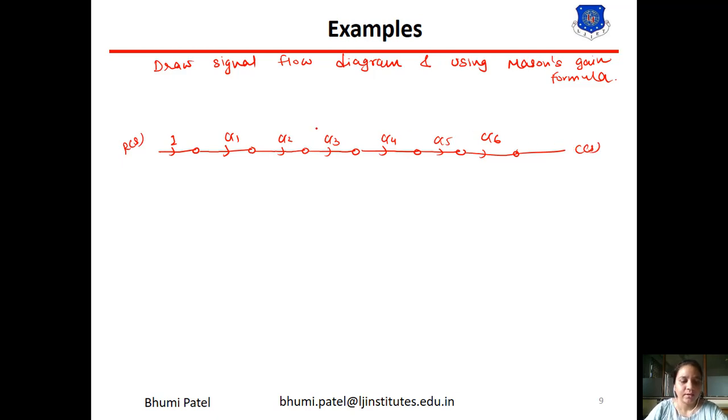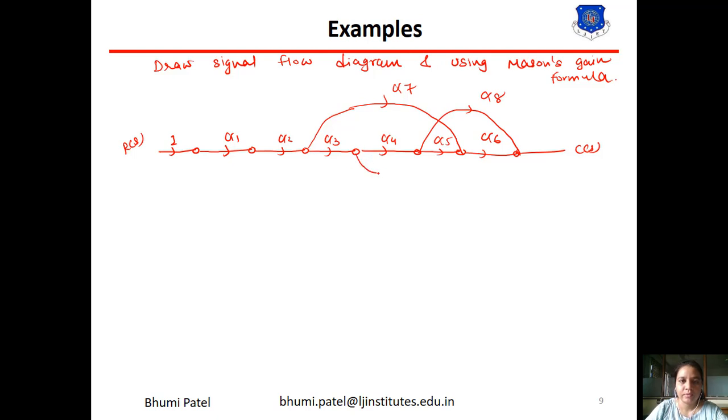Here again the second part is given. Gain is G7 and the next one is G8.